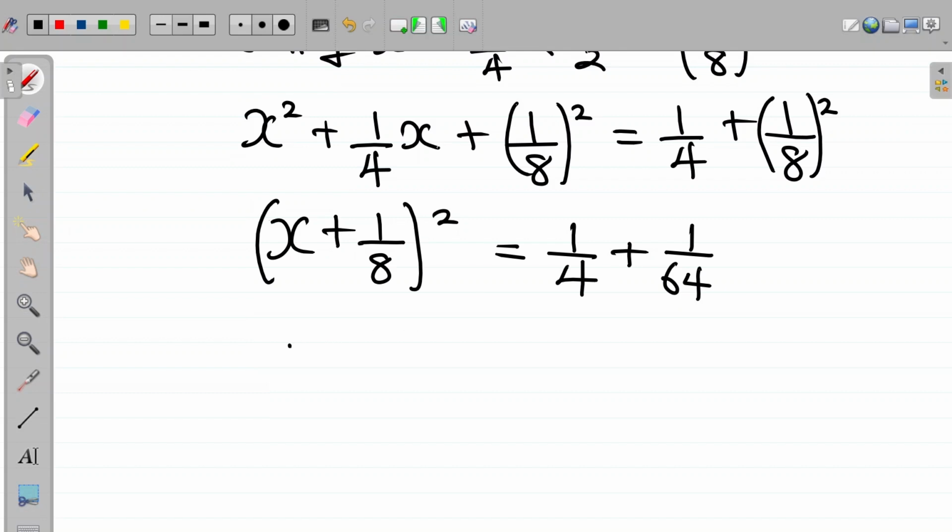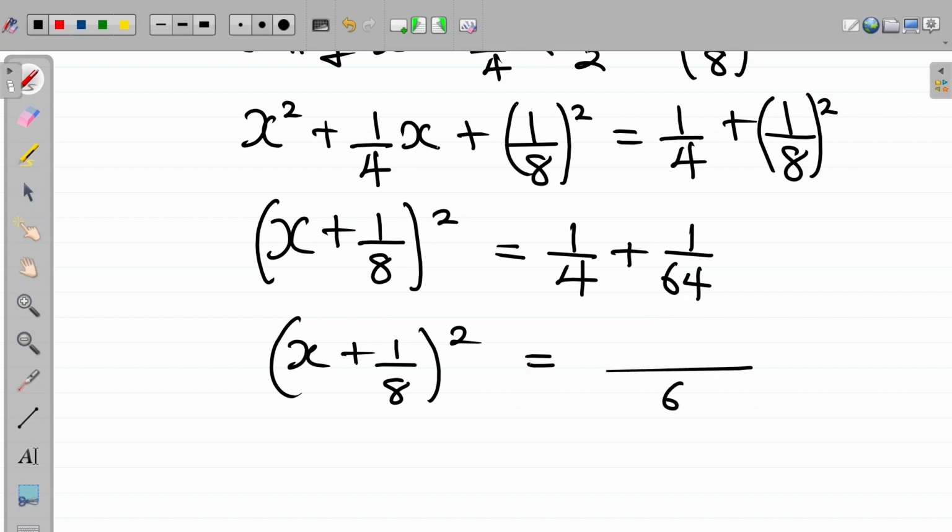Now, we can write that s plus 1 divided by 8 all squared equal to, since 4 is a factor of 64, our LCM is 64. 64 divided by 4 is equal to 16. 16 times 1 is equal to 16.